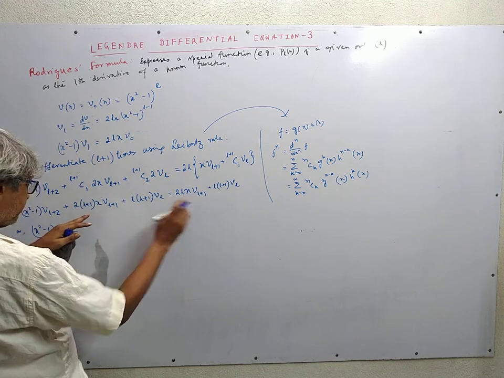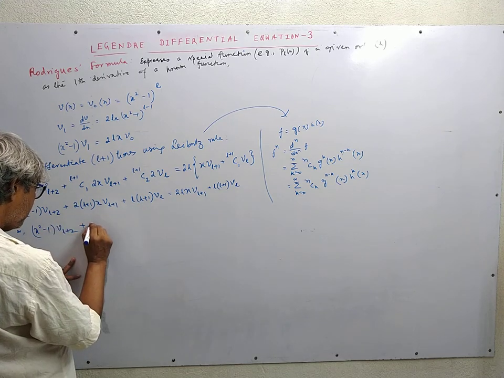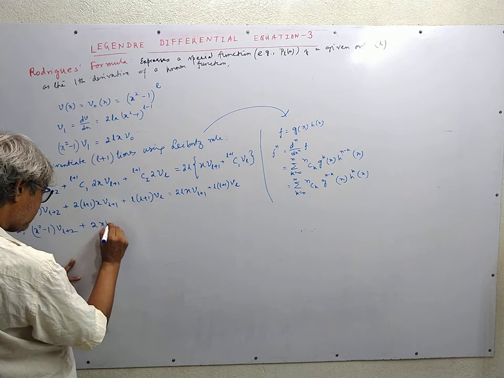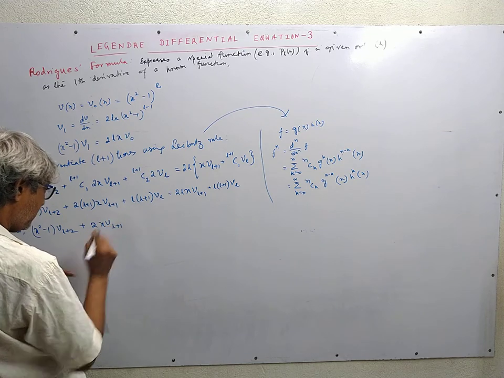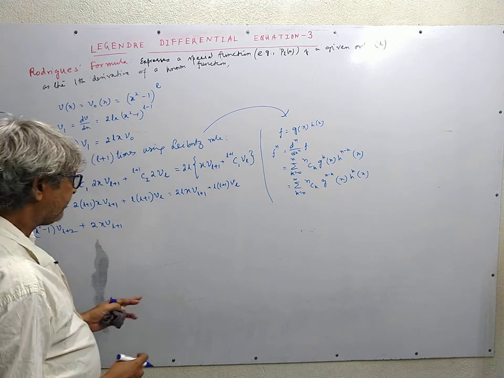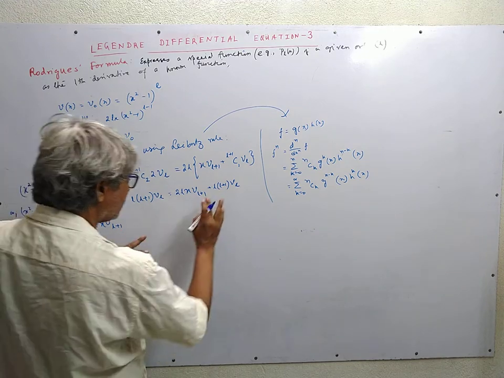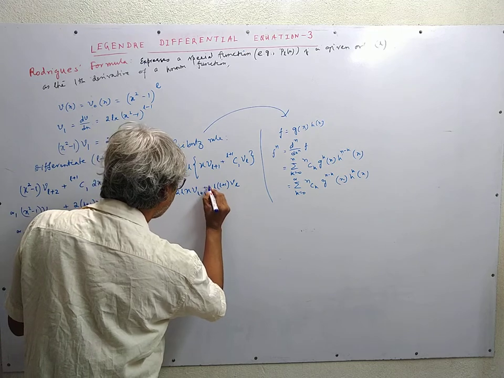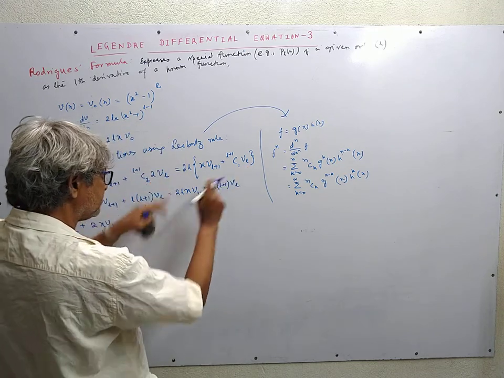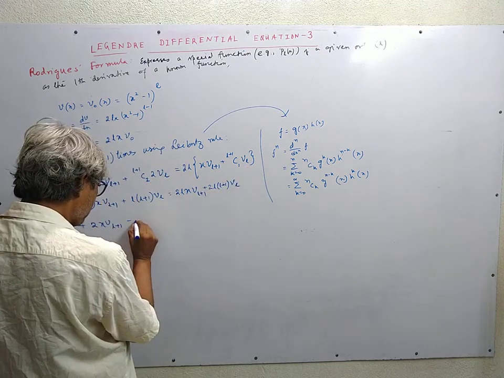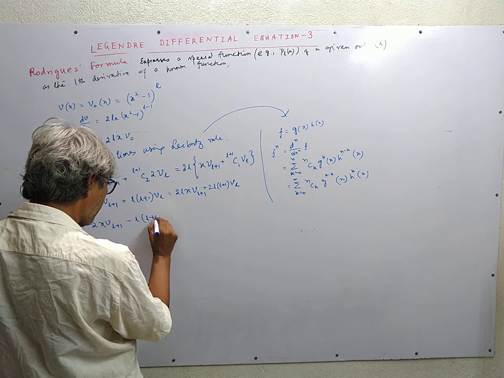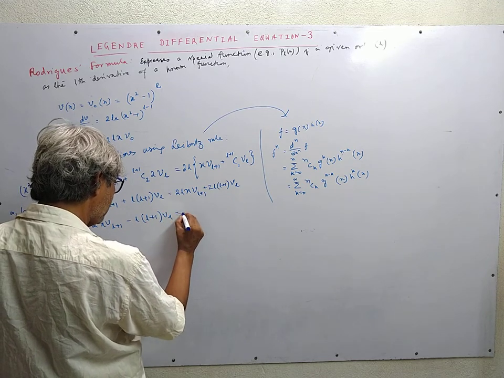On adjustment, this is plus 2x bl plus 1, and this, sorry, here we have 2 terms because it is 1, so 2 is there. So this is l into l plus 1 bl is equal to 0.